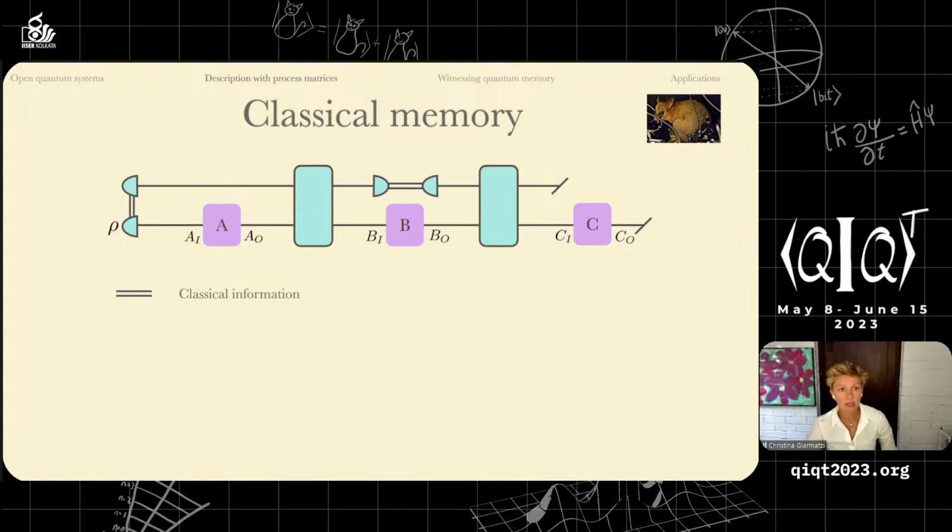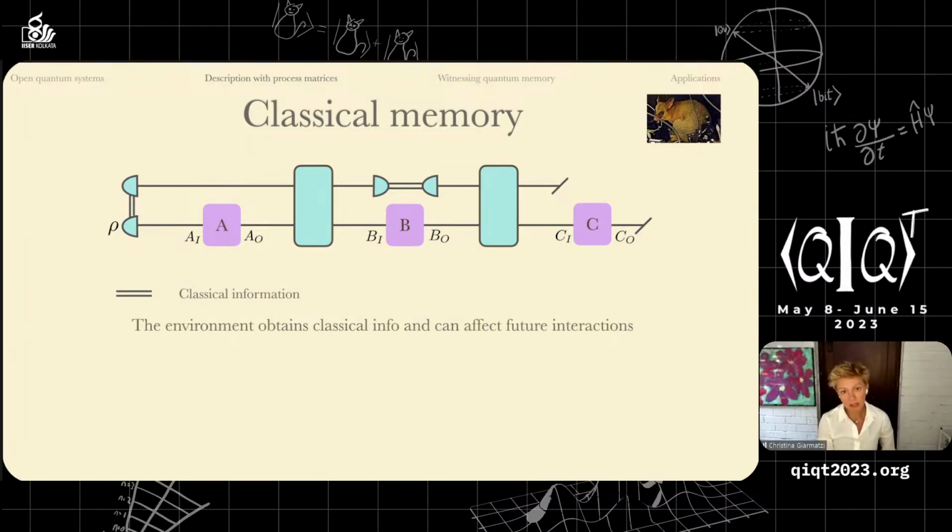You have some classical correlations on the initial state of the system and the environment. Then the first step happens, T1, and you have some classical information traveling from one to the other, and then again. So you still have the travel of information between time steps, but now it's restricted to be classical information. And I put the boson here because it's a sort of noise that would be classical noise. Right, so this is how you depict it.